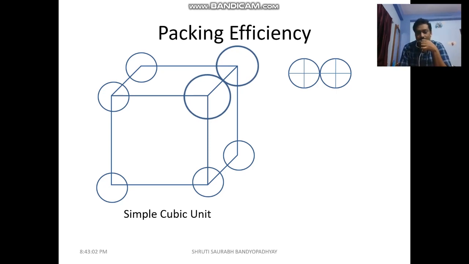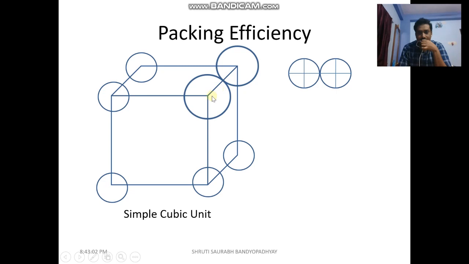If the side of the cube is a, then this total distance a is the addition of two radii: the radius of this particle, suppose r, and the radius of this particle, also r.